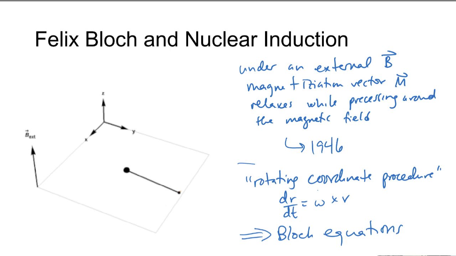So under an external B field, the magnetization vector relaxes while precessing around the magnetic field.